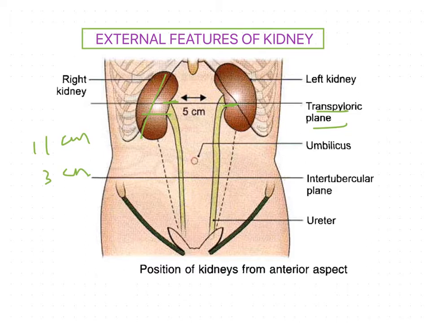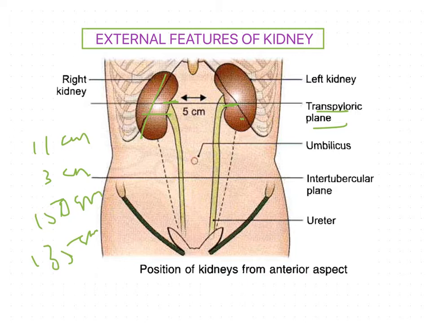The left kidney is a little longer and narrower than the right kidney. Okay. On the average, the kidney weighs 150 grams in males and 135 grams in females. The color of the kidneys is reddish brown.